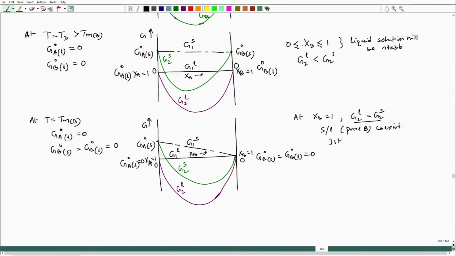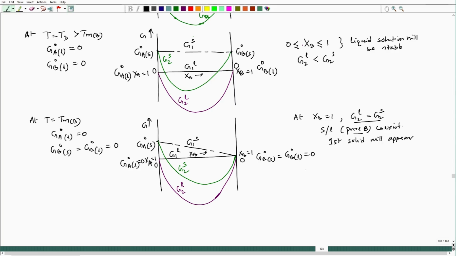Now, as we come down on the temperature axis, the first solid would appear in case of pure B at temperature TMB. While if I started from the lowest temperature which is T1, the first liquid will start appearing at TMA on the pure A side as we increase the temperature, at XA equal to 1.